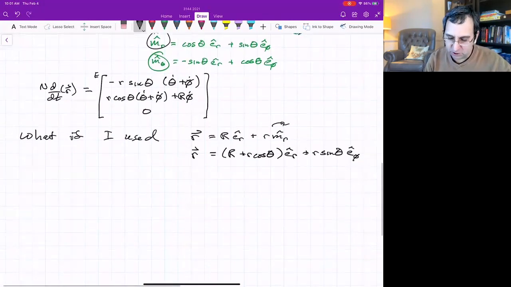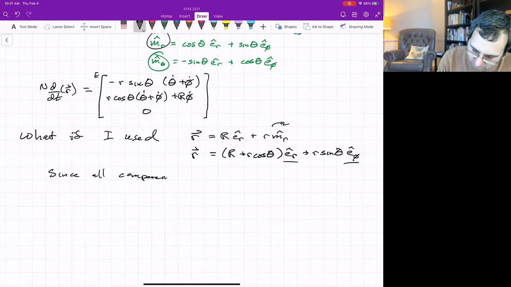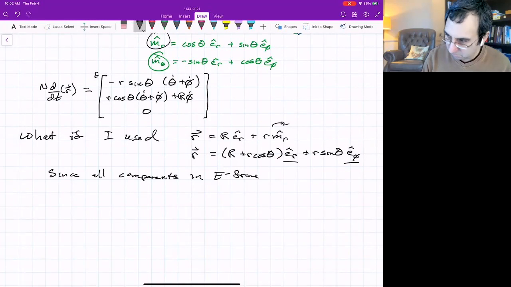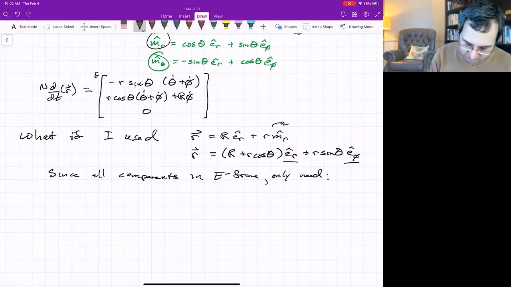So now if I use the transport theorem, because all of the basis vectors are in the same frame, I would just be using the transport theorem for the E frame. Since all components in E frame, by all components, that just means I'm only using E frame basis vectors. I don't know if this is simpler or not. I think it's kind of not. But we would take the derivative with respect to the N frame.